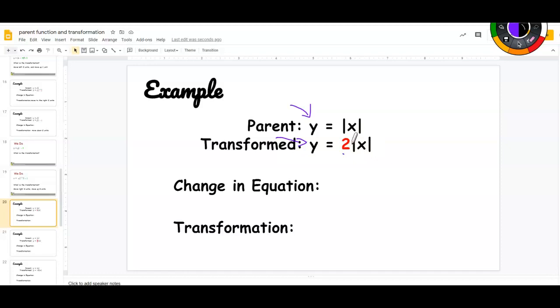You are not added, you are not subtracted. You are multiplying a number to your x. Okay? Generally, if you have a number in the front, the relationship is always multiplication, generally. Okay, so this time we multiply a number. What kind of number? 2, right? 2 is bigger than 1. So we multiply a number bigger than 1.